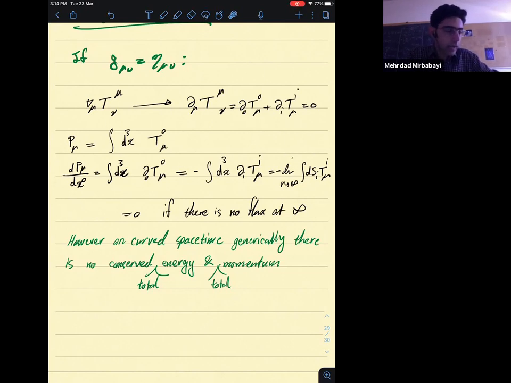Yes, we can do that, except that, I should think a bit about it, but I think the answer that you will get is that if you apply the Noether procedure to a general covariant action, you will get 0. But let me think about it and tell you. Okay.